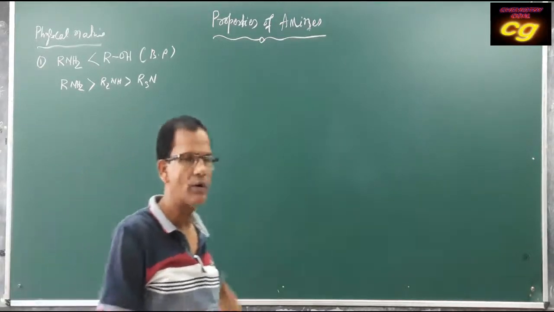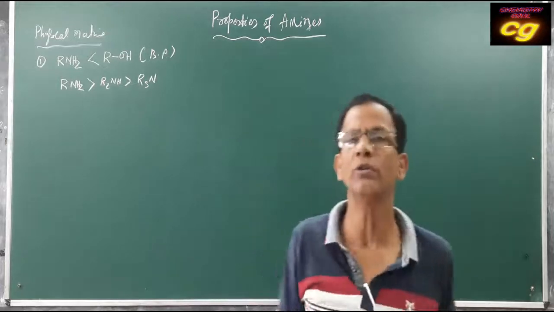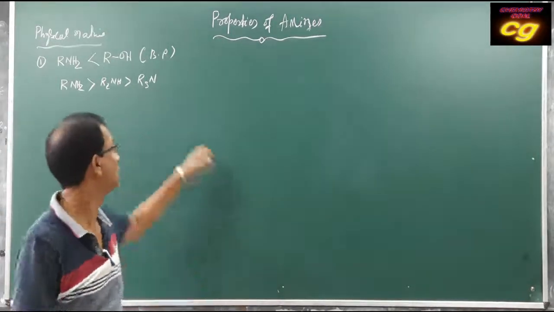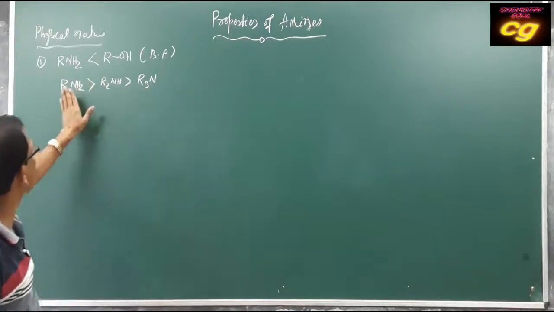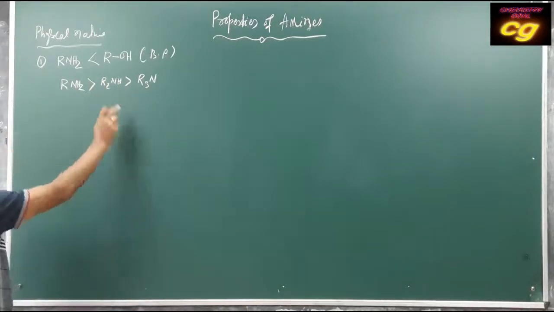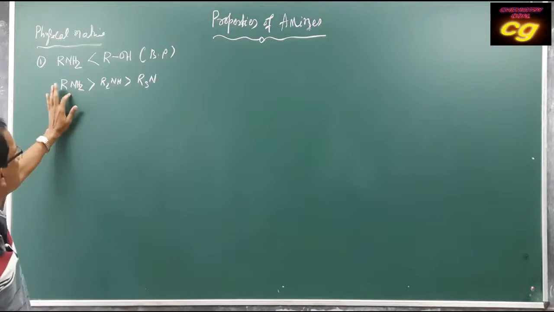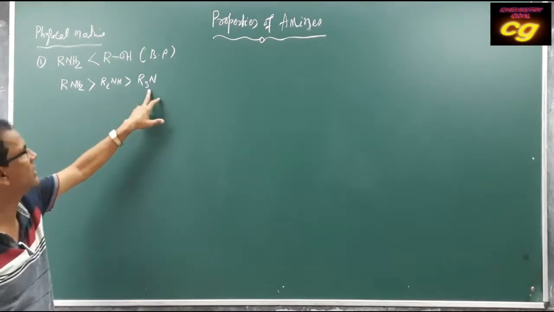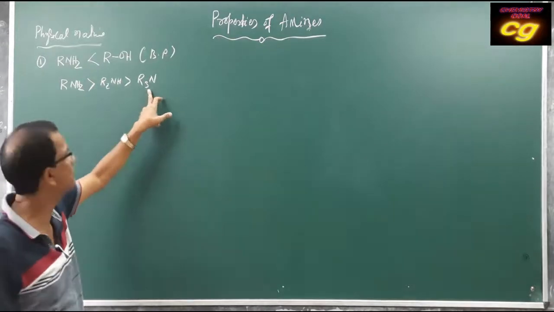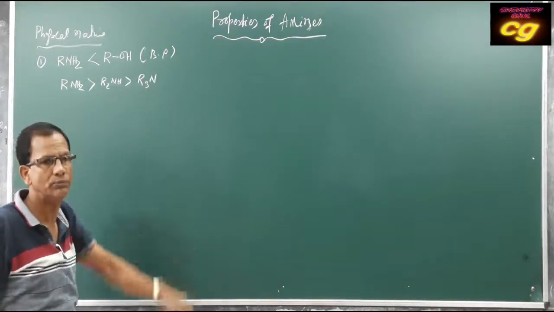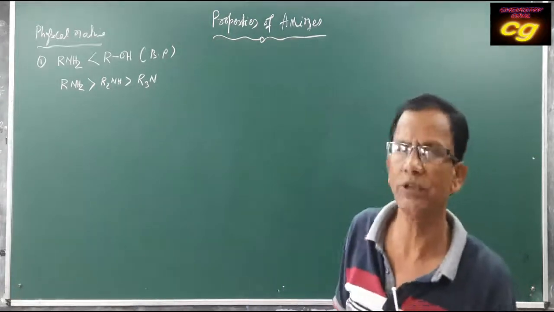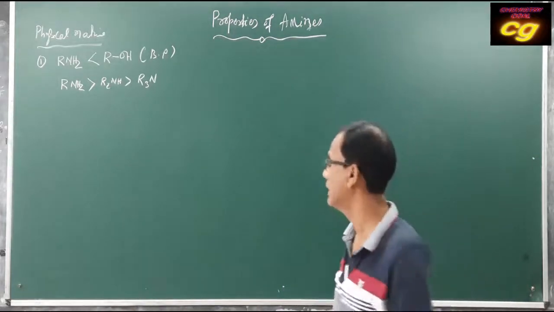Because a tertiary amine cannot form stronger intermolecular hydrogen bonds, as it has no polar hydrogen attached to nitrogen. Primary and secondary amines do, but primary has more hydrogen bonding compared to secondary. Tertiary has no intermolecular hydrogen bonding, that's why it has a low boiling point. So this is a very important difference between primary, secondary and tertiary amines on the basis of their boiling point.